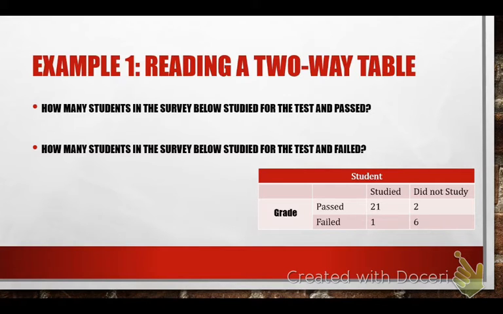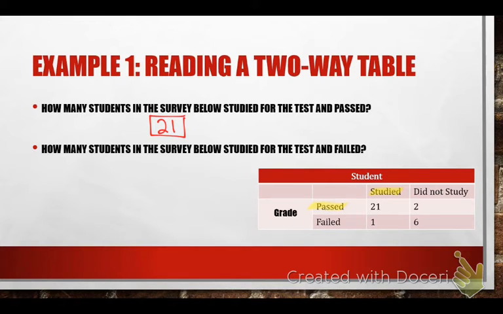So what the two-way table does is it gives us this category. These students studied and these students passed. So the number that is in both column and row would represent the number of students who studied and passed. Okay? So to answer that question, I would say 21.